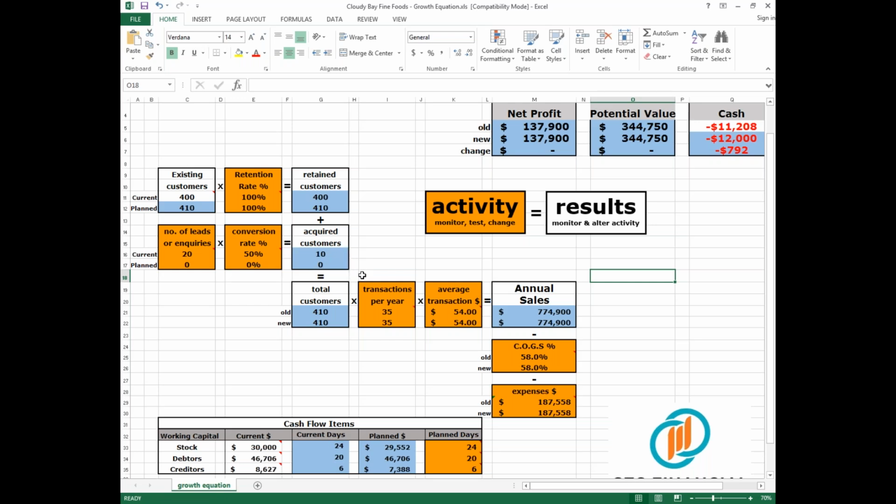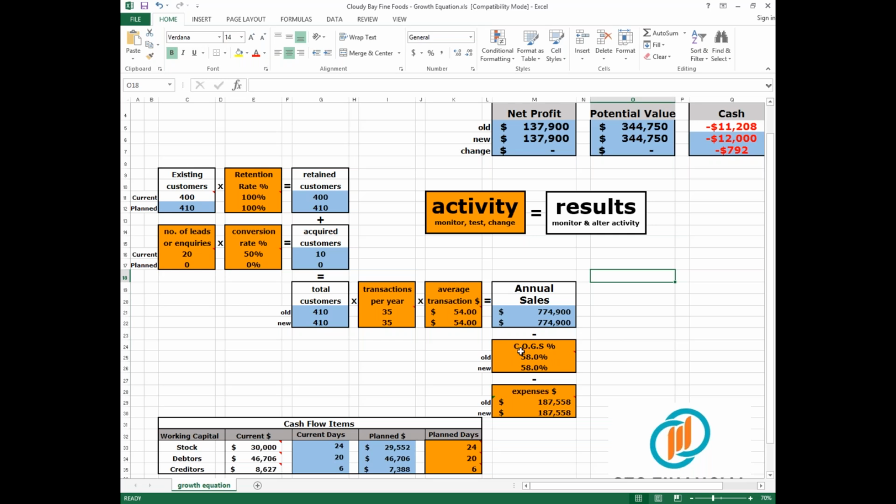So that was a bit surprising. So for the year, it gave her 410 customers. They were buying off her 35 times a year at an average transaction value of 54. So if you multiply the 410 by the 35 by the 54, you get 775,000.